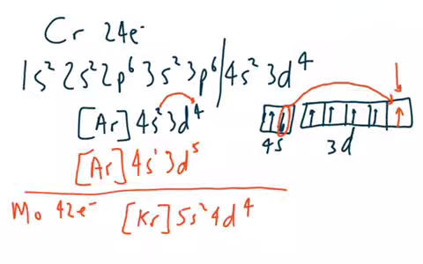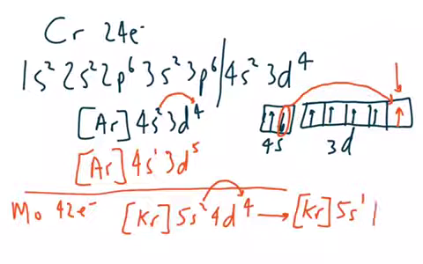But the exact same thing I just explained with chromium is going to happen. This one's going to jump over here, and molybdenum is going to have an actual configuration of 5s1 4d5. Okay, so you can see that these 2 elements are exceptions to their normal pattern.